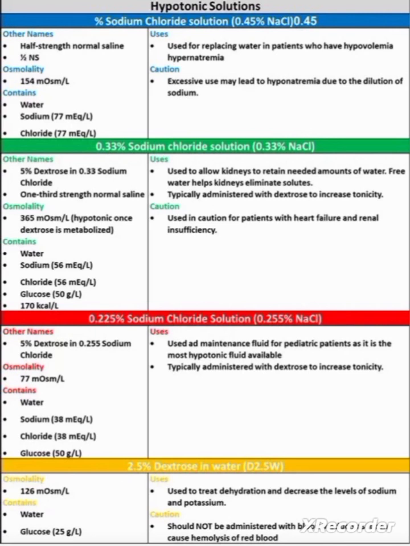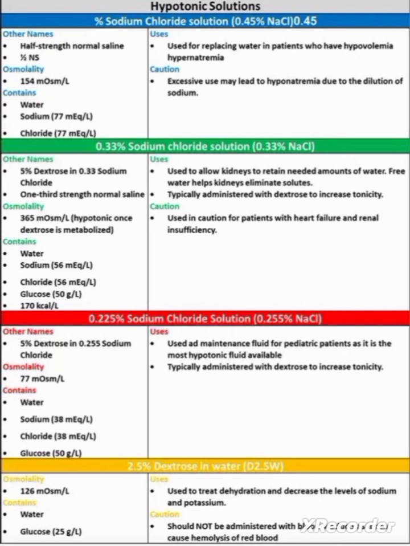Next one, 2.5% dextrose in water. Here the osmolality is 126 milliosmoles per liter and the amount of glucose is 25 grams per liter.